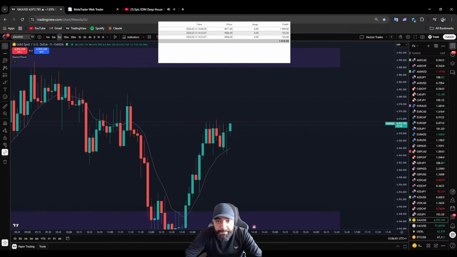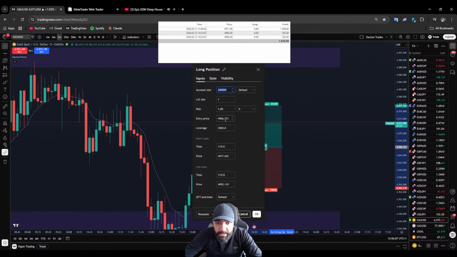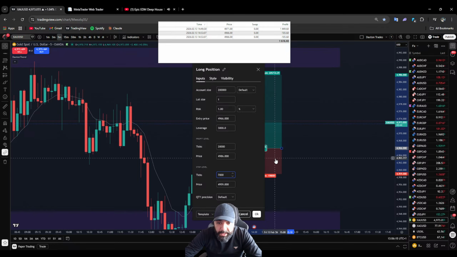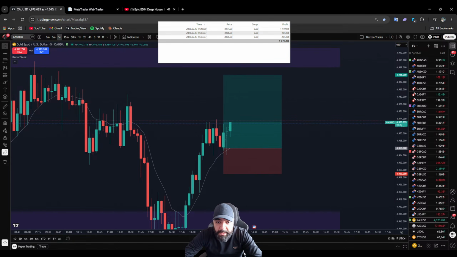So yeah, like I told you, and for people who just joined, I entered here at 66. So my TP is here, and my stop loss. I touched the TP1 at 50 pips at 71.